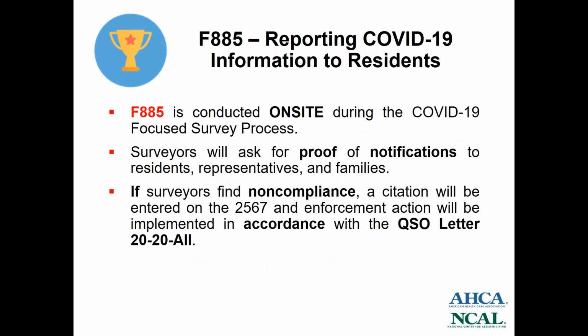Again, we have 2 new tags that we're contending with, F884, F885. They're not going to be going away anytime soon. This is sort of the world we're living in at this point in time. As again, information being released to Nursing Home Compare means that there's that transparency they're trying to establish as well that allows anybody, any consumer, any family member, any resident, activist group, anybody to go in and validate that the information is being provided on F884.